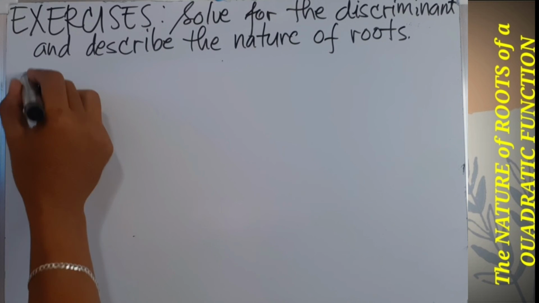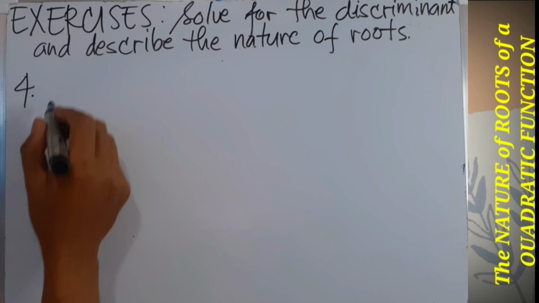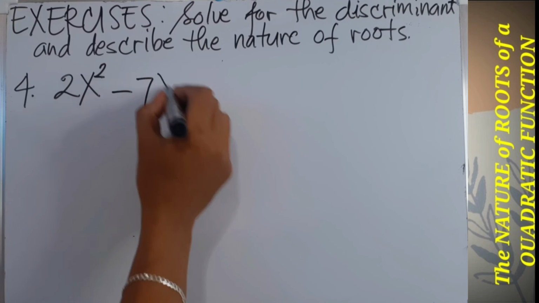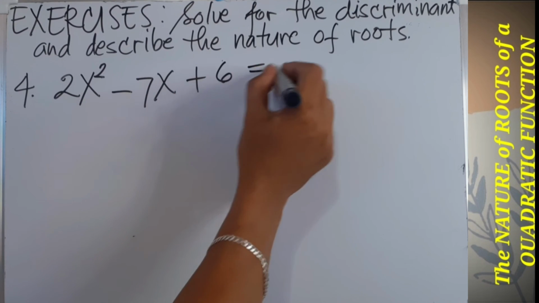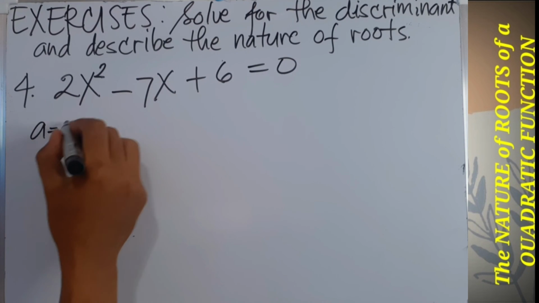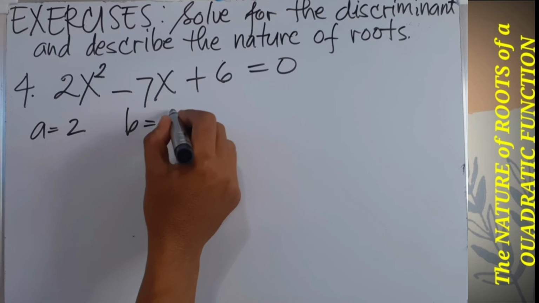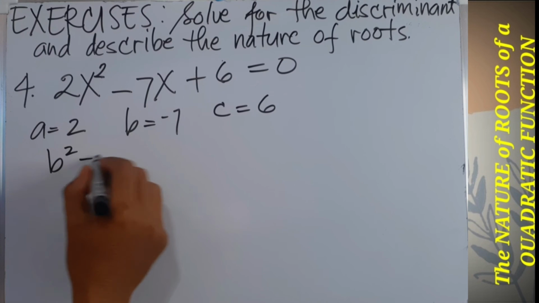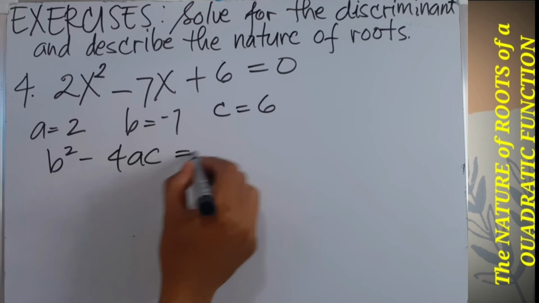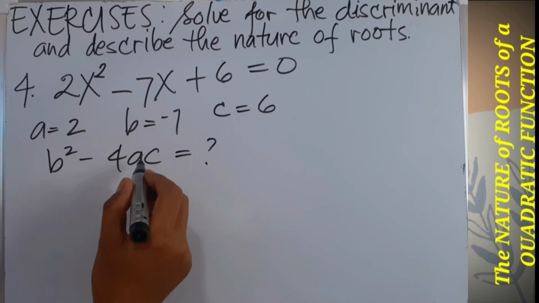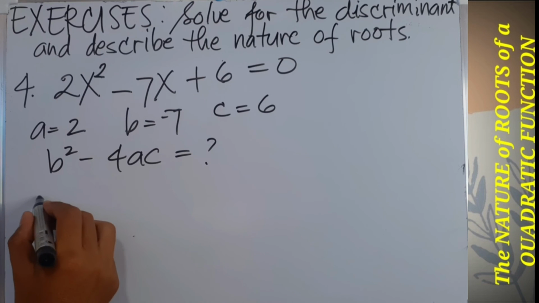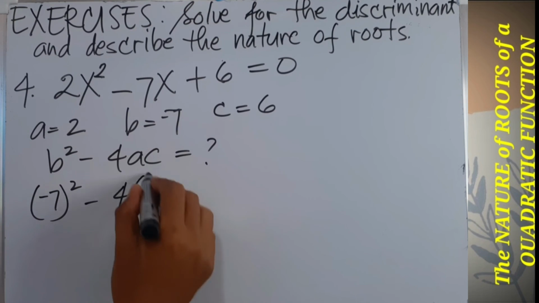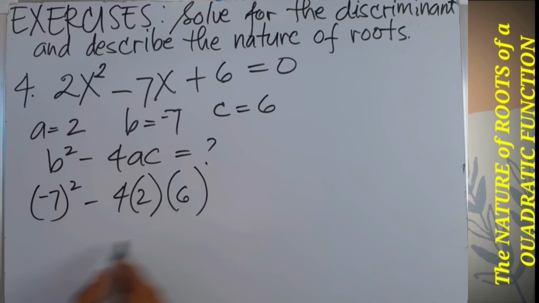Fourth and last example for this lesson. 2x squared minus 7x plus 6 equals 0. A equals 2, b is negative 7, c equals 6. Solve for the discriminant. So we have negative 7 squared minus 4 times 2 times 6.